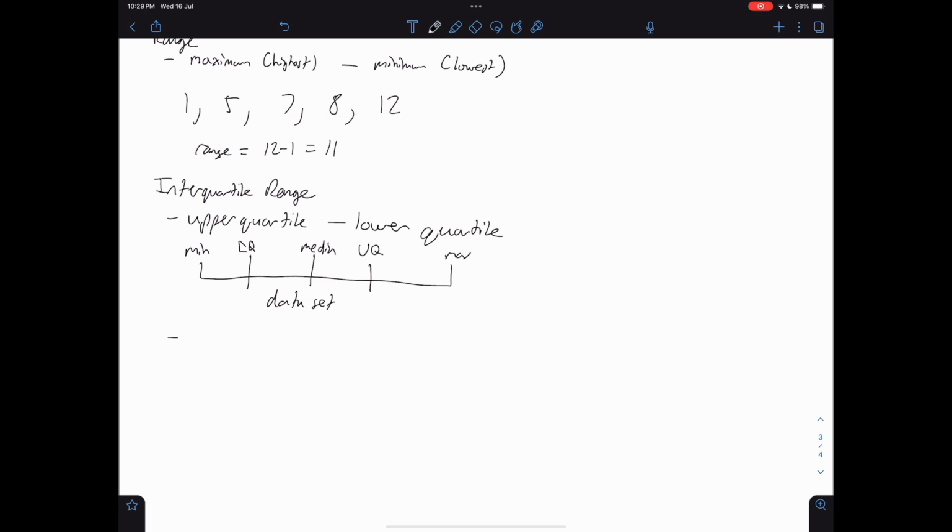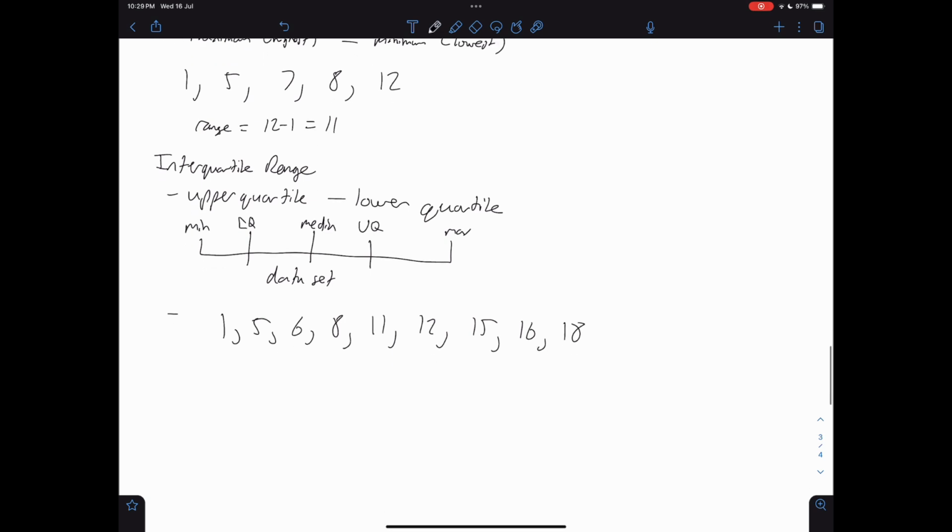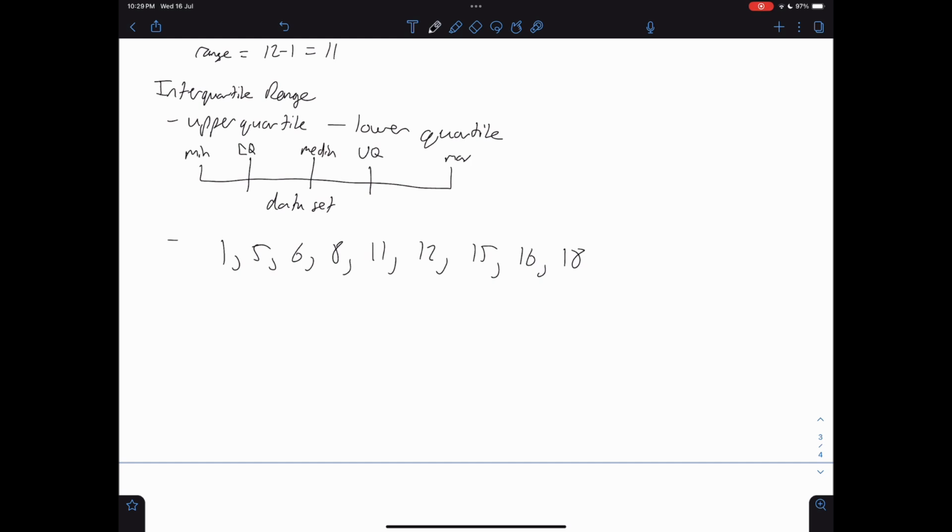And so what you do is, if you have your data set, your median is going to be this number, 11.